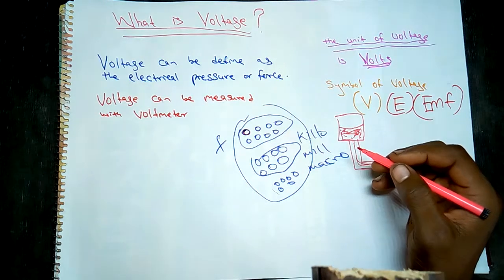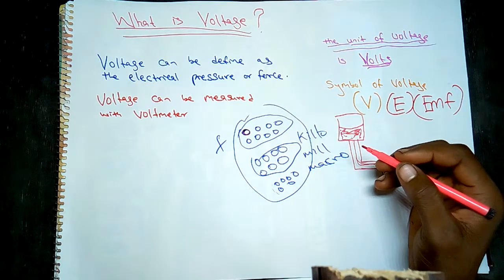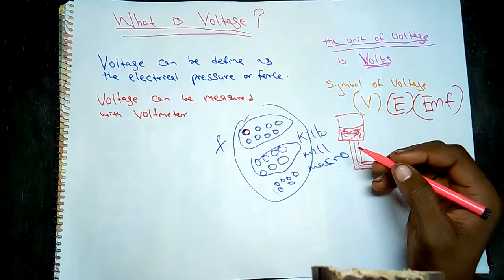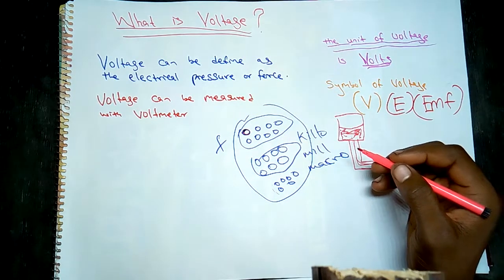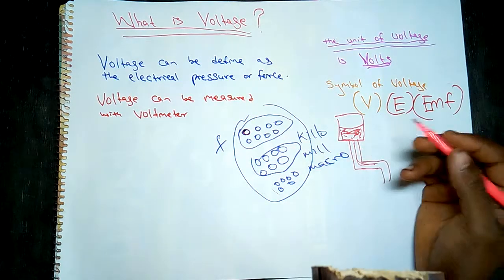So that is it about today's video. Voltage, there is nothing much to talk about. Also, whenever we talk about voltage, just know that it's talking about pressure or force, something that is causing the movement of electrons.